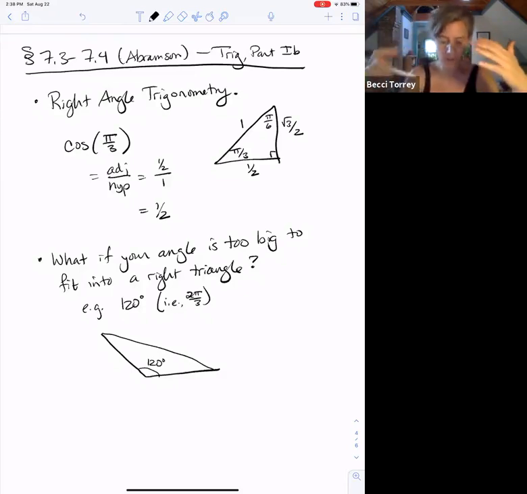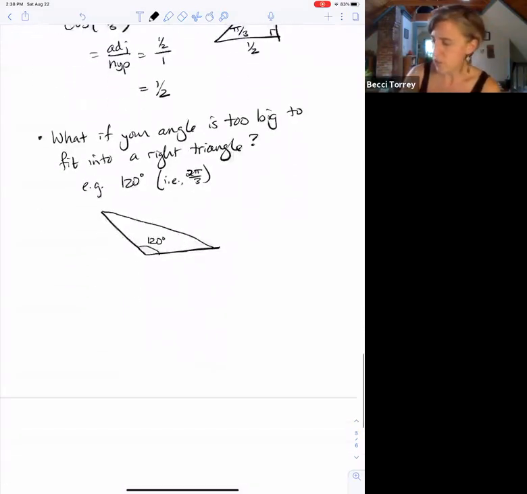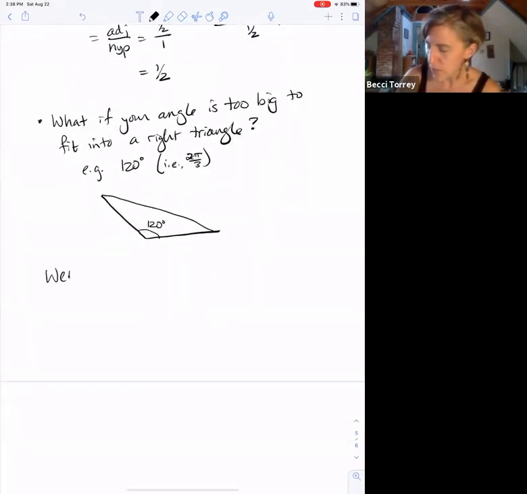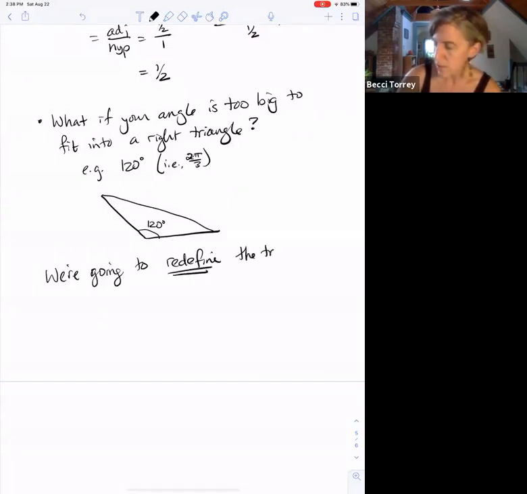So we want new definitions of the trig ratios. So we're going to redefine the trig ratios, sine and cosine, etc.